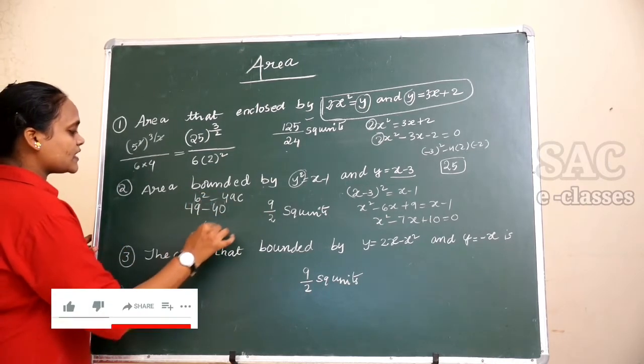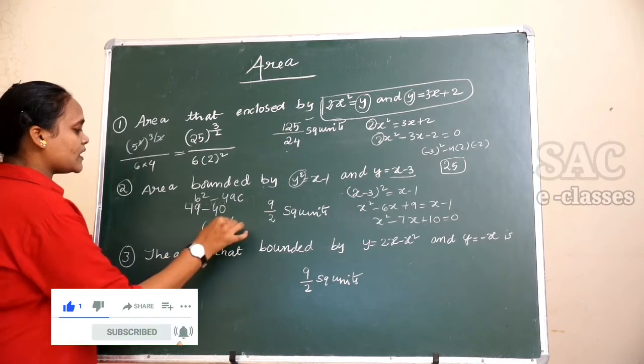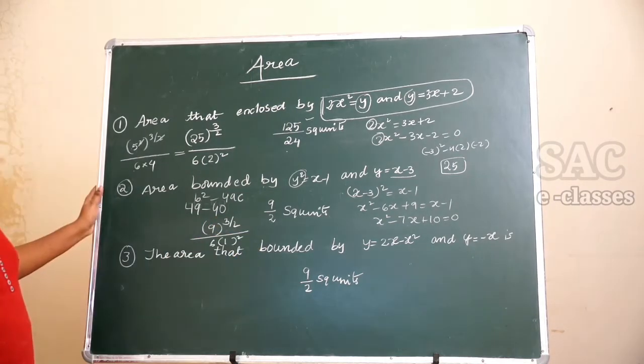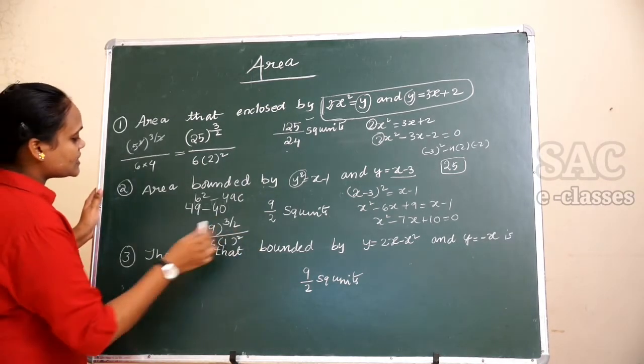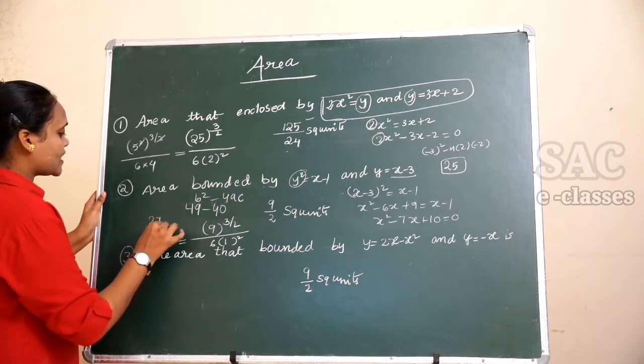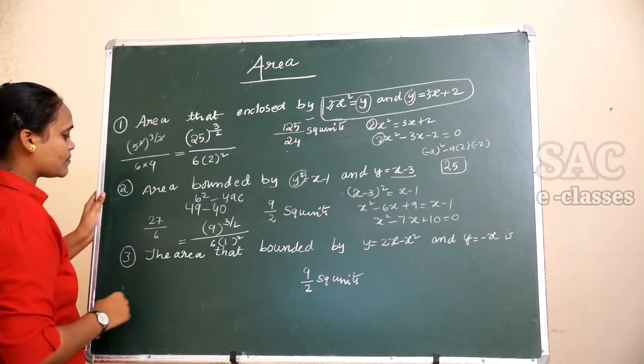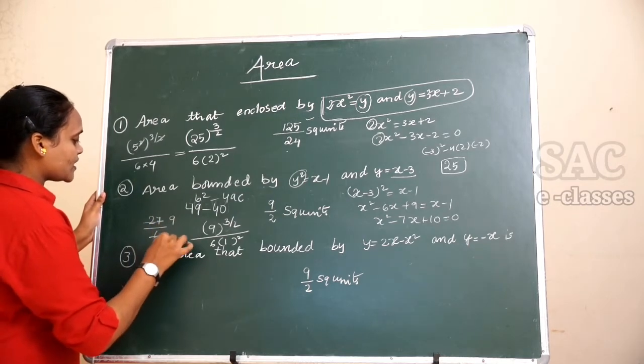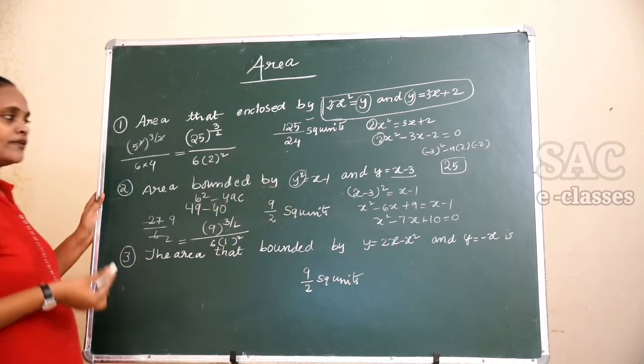We know that it is 9. 9^(3/2) divided by 6 into the leading coefficient squared. 9^(3/2) can be written as 27. 27 by 6, and on simplification we get 9 by 2 square units.